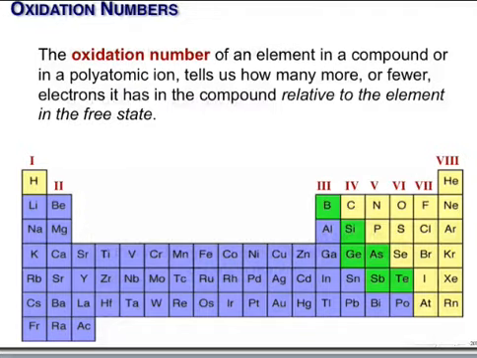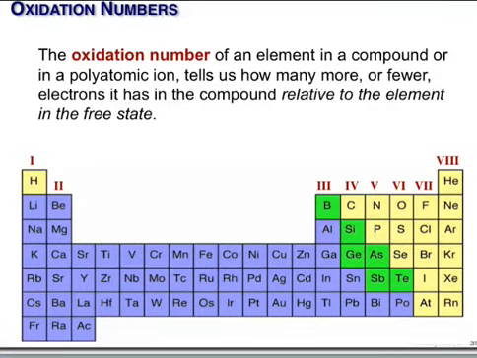The oxidation number. We will get to the oxidation number in chapter 5 when we do what are called redox reactions. In redox reactions, oxidation numbers change. Very important class of reactions. Basically, all it does is tell us how many more or fewer electrons an element has in your compound relative to the stuff as it sits in the periodic table, relative to the pure, simple element.